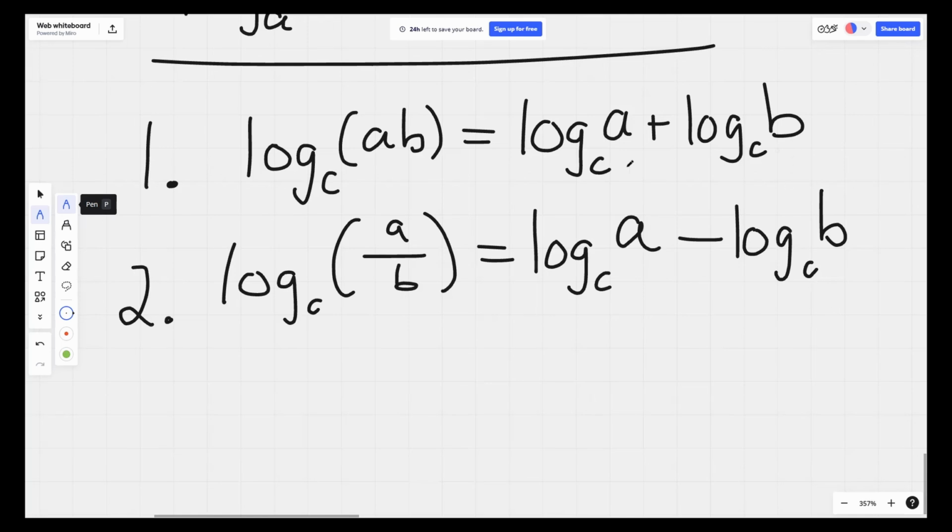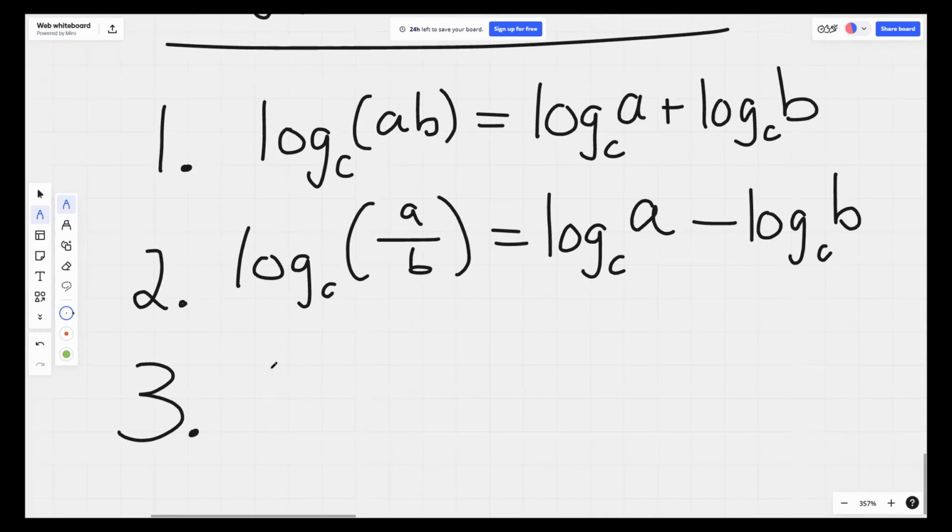All right, so now I'm going to go over the third property. This one also directly comes from the first one. That is log base c of, in parentheses, a to the n. Recall, if we have parentheses, we evaluate the thing in parentheses first.